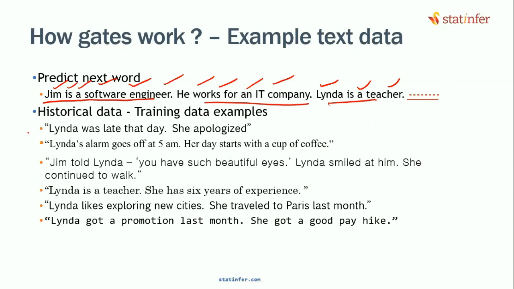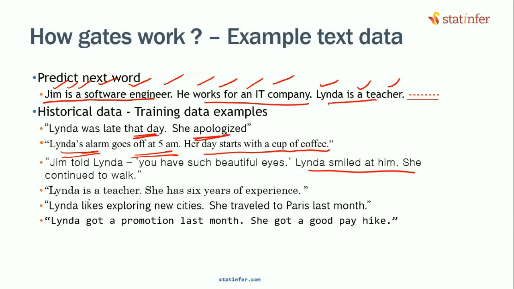Let us suppose this is one of the novels, and these are some of the previous training examples, historical data. I'm showing you a few examples. Linda was late that day. She apologized. Linda's alarm goes off at 5 a.m. Her day starts with a cup of coffee. Jim told Linda, "You have such beautiful eyes." Linda smiled at him.